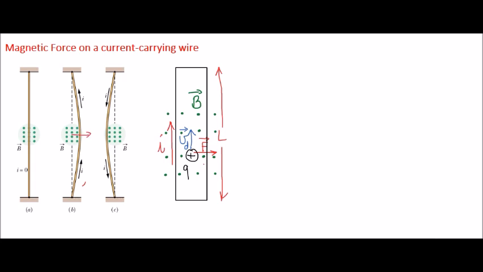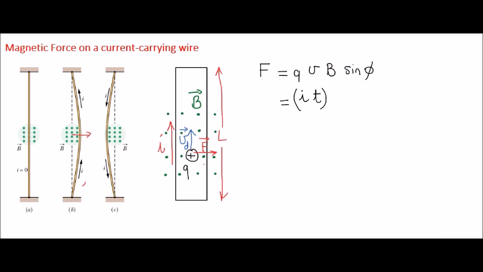All right, let's now write the equation of the force on this charge. The force will be just qvB sine phi. Of course, in the figure here, phi is just 90 degrees, but I will write the general equation. What is the charge? Charge is just current multiplied by time.